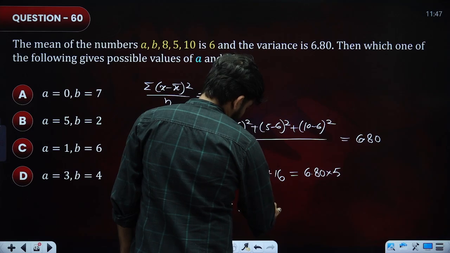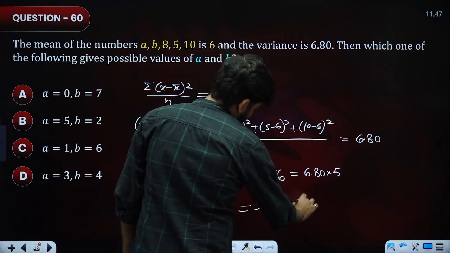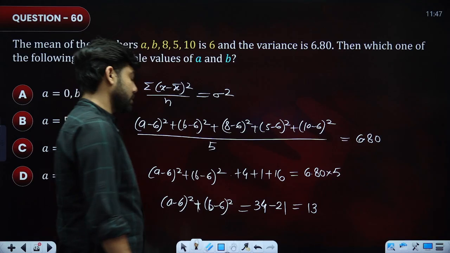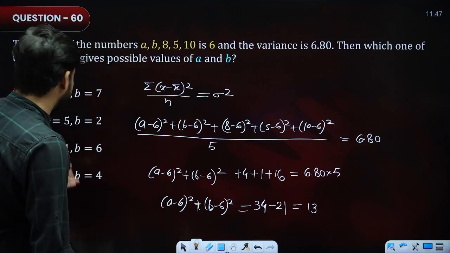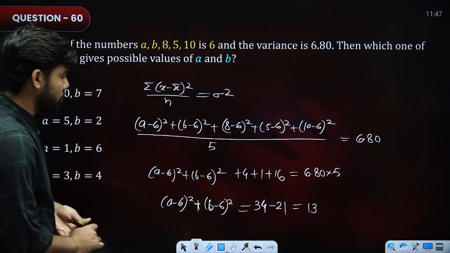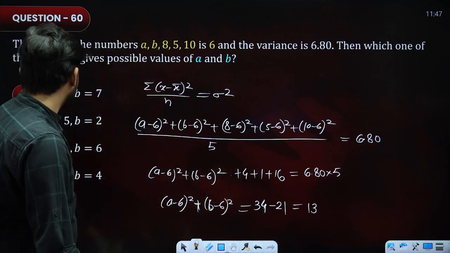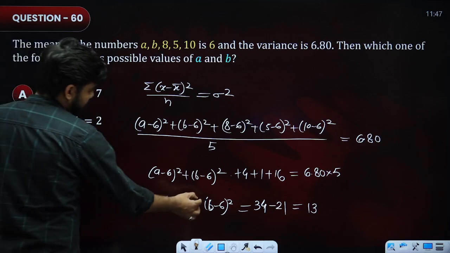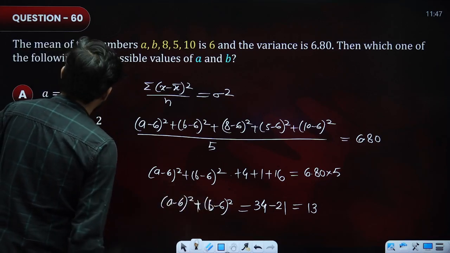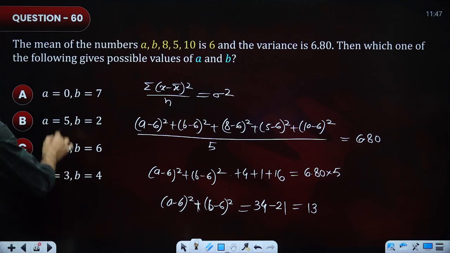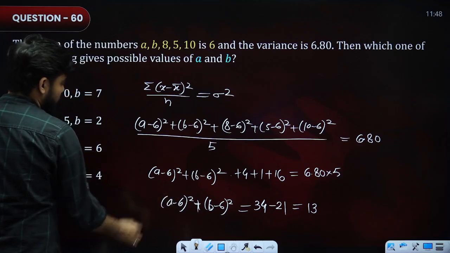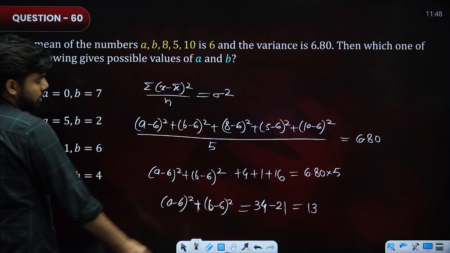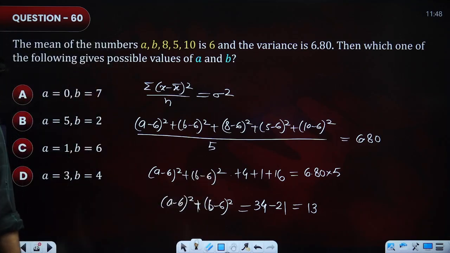And minus this 21, so it is equal to 13. Correct, 13. So let's check which option should be correct over here. We need 13 over here, correct? So if I put a equals 0, this becomes 36. Okay, and 7 minus 6 is 1, not satisfying the condition. 5 minus 6 is minus 1, so we got 1 over here, and 2 minus 6 is minus 4, so it becomes 16, not possible.